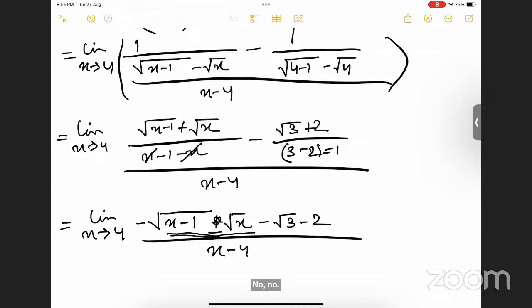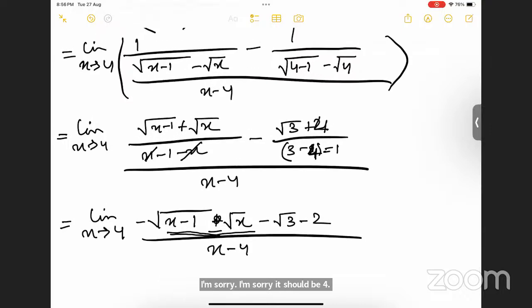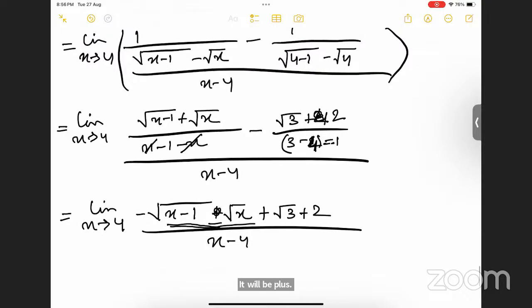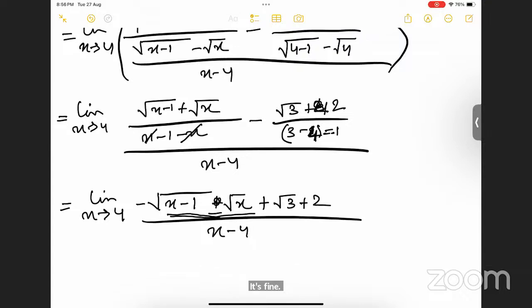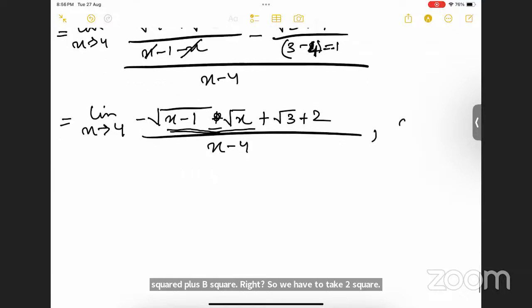Oh, sorry, it should be 4. It is 0 by 0. I'm sorry, it should be 4 here. It will be 2, ma'am. It is 2, but here it should be 4, right? So it will be minus 1. It will be plus. It's fine, because we are doing a square plus b square, so we have to take 2 square. So now it's in 0 by 0 form.